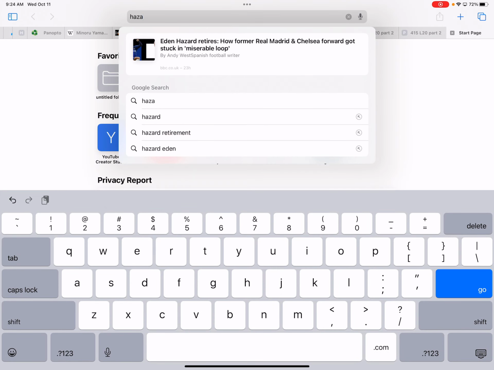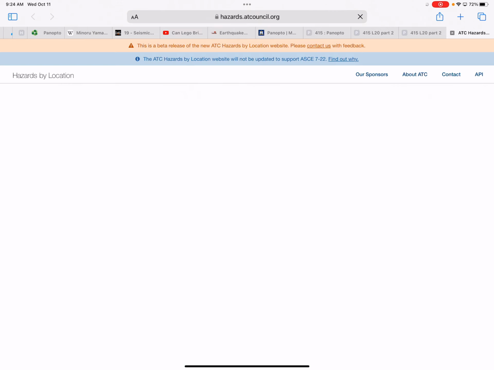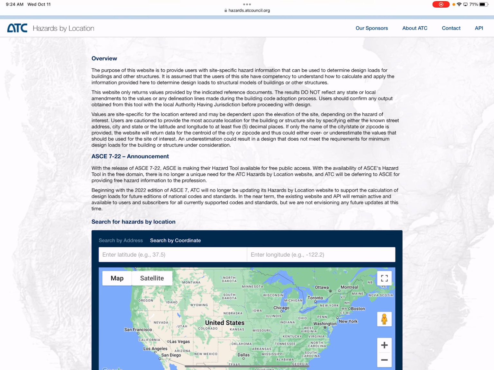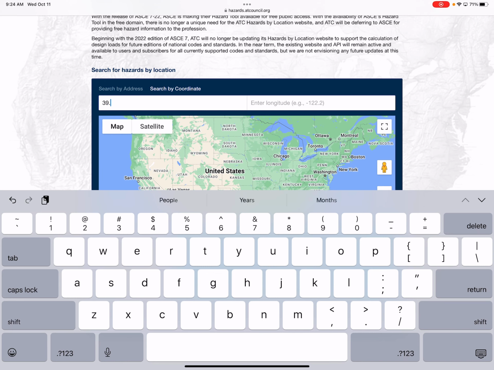All right, so for the mapped values, we're going to go to that Applied Technology Council website, hazards.atcouncil.org. And we're going to search by coordinate since we're given our latitude and longitude. The latitude comes up first, so 39.6.